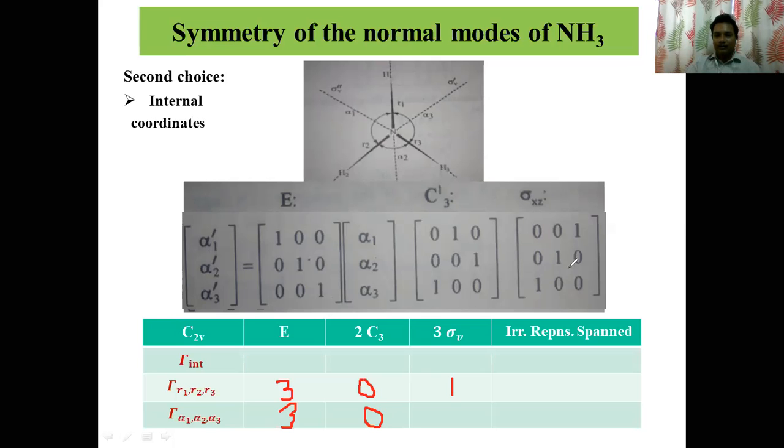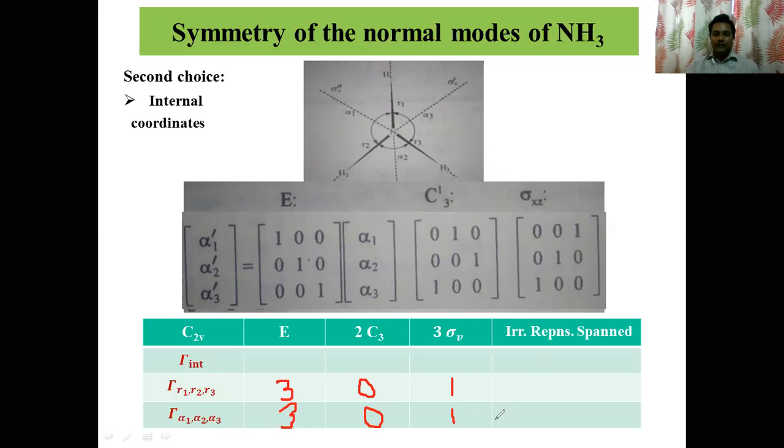So for alpha 2, it remains unchanged, so this 0, 1, 0. But alpha 1 goes to 3, so that's why it is 0, 0, 1, and alpha 3 comes to alpha 1, so this is going to be 1, 0, 0. But again, the character is going to be 0 plus 1 plus 0, so that is going to be 1.